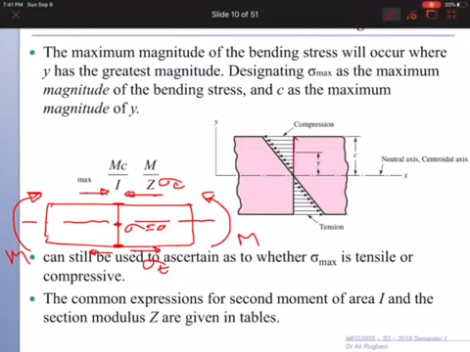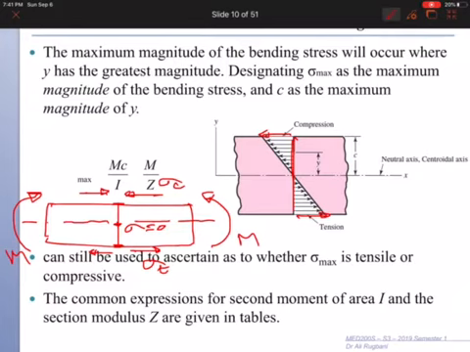So at this cross section, we have maximum compression and maximum tension on the outer surfaces. We are interested, as I said earlier, in calculating maximum stress.